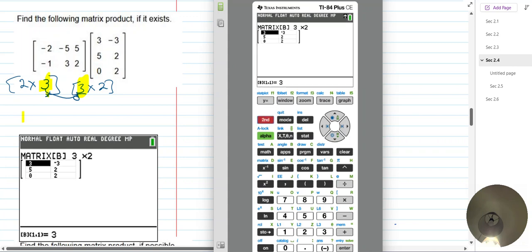So I'm going to go on my home screen. Second matrix. So you know that I did enter it. So I'm going to do A, and then I'm going to do second matrix, B, and enter. And I'm going to capture that guy.